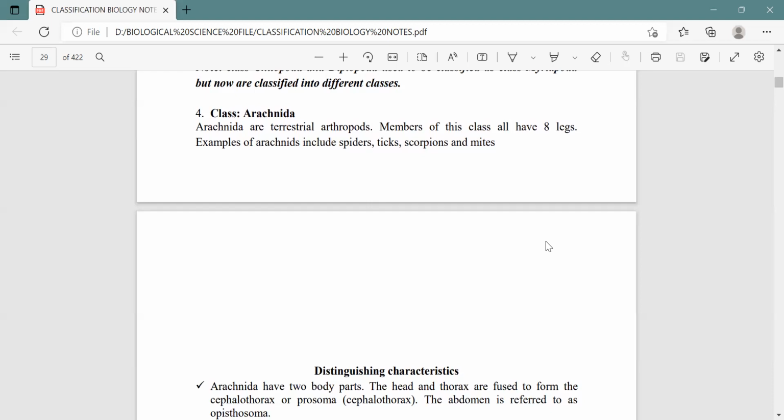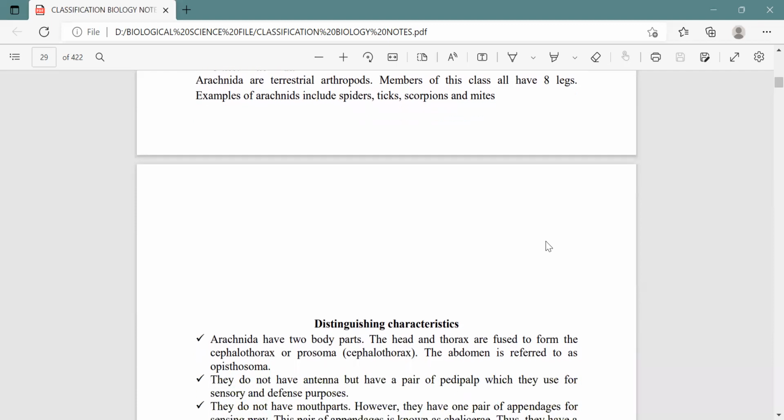That is the first body division. The lower body division in arachnids is called opisthosoma. So the abdomen of arachnids is opisthosoma.